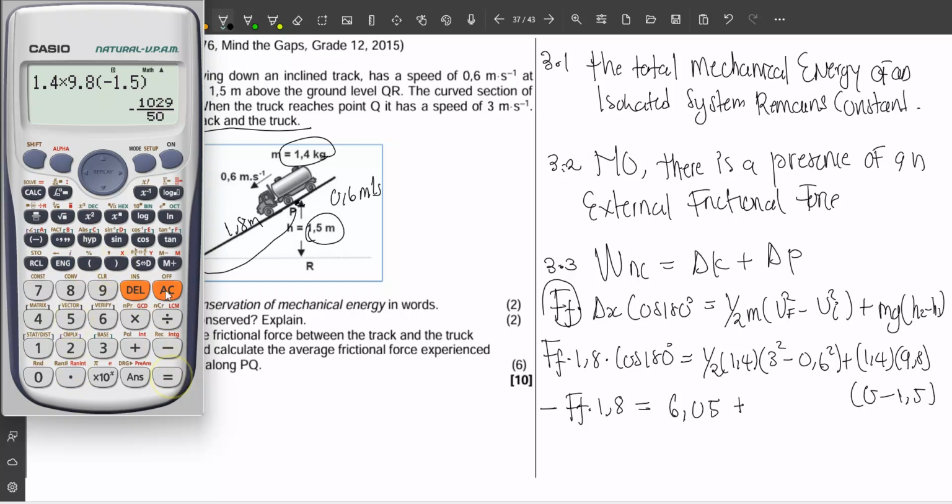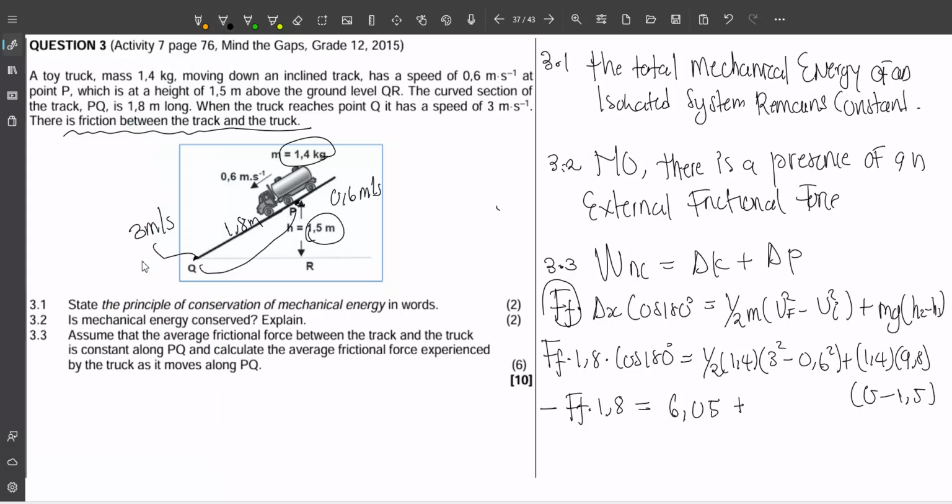Since the value is negative, it is negative 20.58.